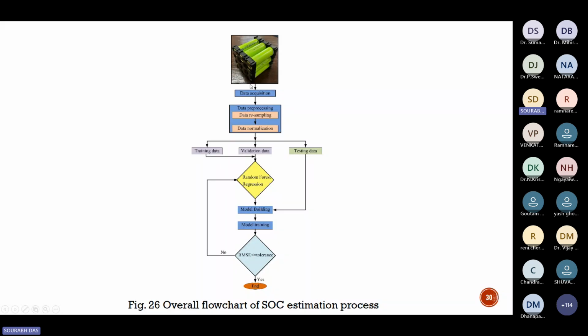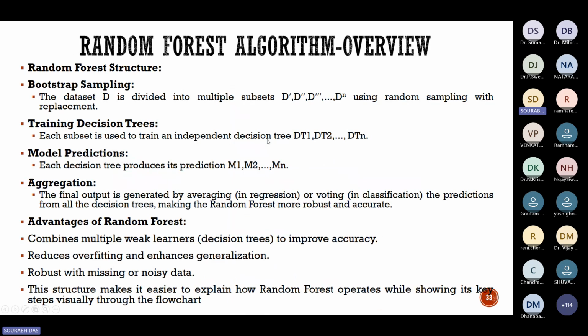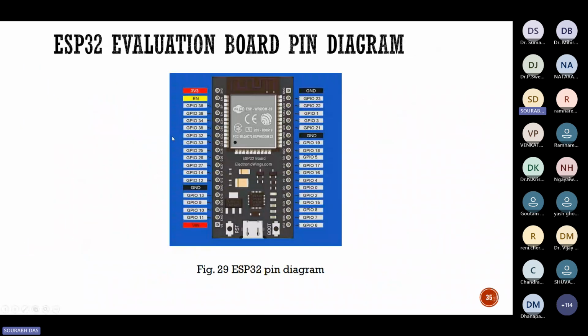Then the terminal voltage and load current data can be collected through the GPIO pin, meaning the analog signal pin, and we can estimate the SOC of the battery.